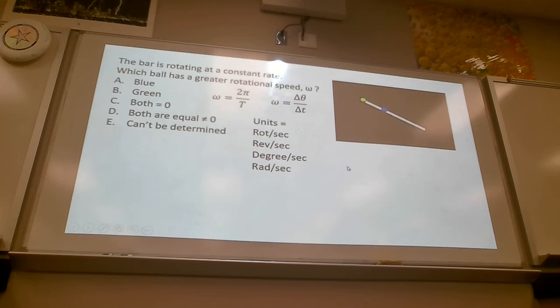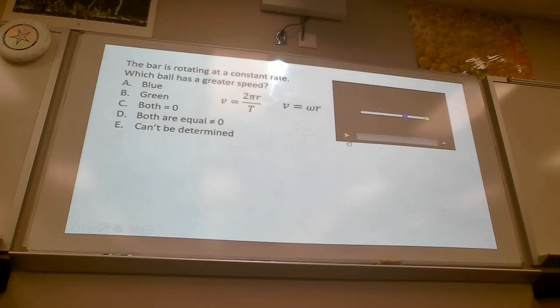Okay. Let me ask the follow-up question before we hash this out. So same scenario. Which one has a greater speed? Just like your speedometer. And there's some equations to help guide your thinking.